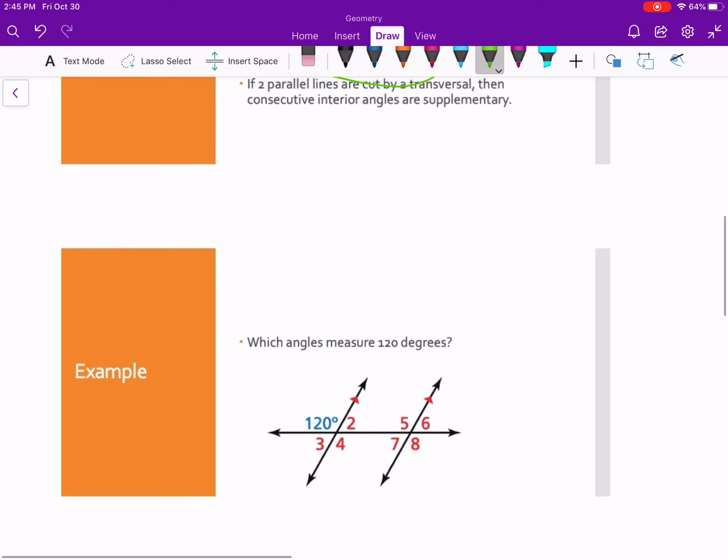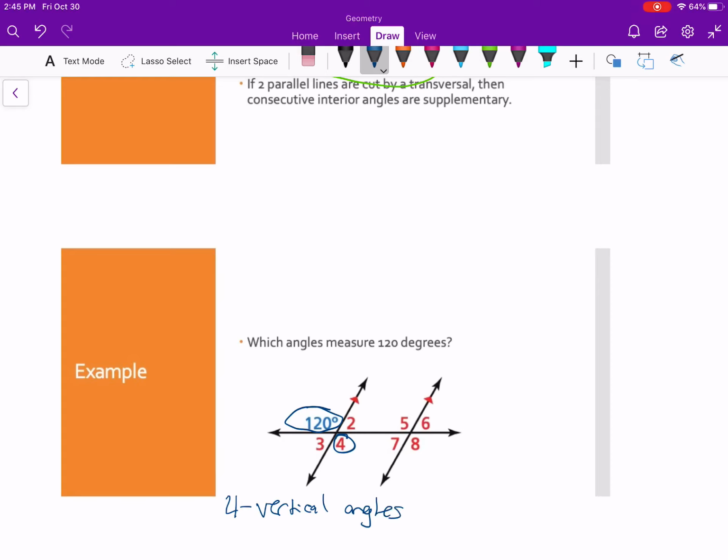So which angles measure 120 degrees? Let's look. So we have the 120 right over here. I know that number 4 is 120 because angle 4 is a vertical angle. We've already talked about vertical angles and how they're congruent.